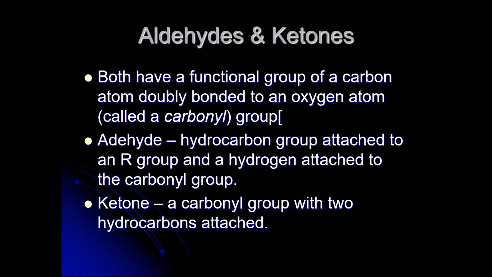Ketones are a carbonyl group with 2 hydrocarbons attached. So back to our carbonyl group, and again, you'll see here shortly why these are talked about together. So here's our carbonyl group. And then instead of having hydrogen here, we're going to have carbons, one or more carbon structures.